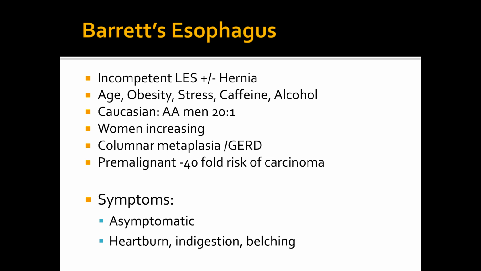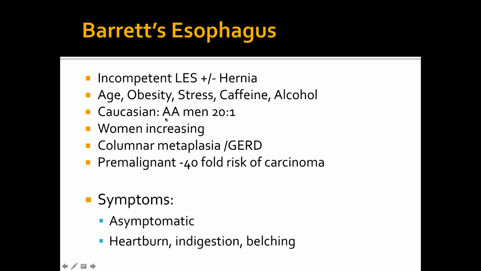So as far as Barrett's esophagus goes, we know it's due to an incompetent lower esophageal sphincter. Patients can have an associated hiatal hernia. There's certainly increased incidence in older patients and obese patients. And we know there are triggers like caffeine, alcohol, stress that can exacerbate these symptoms.